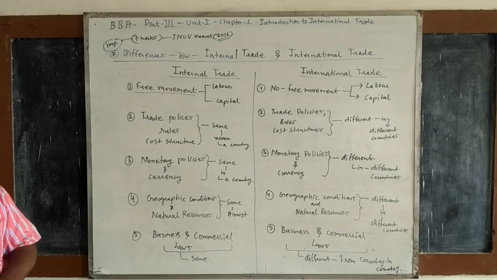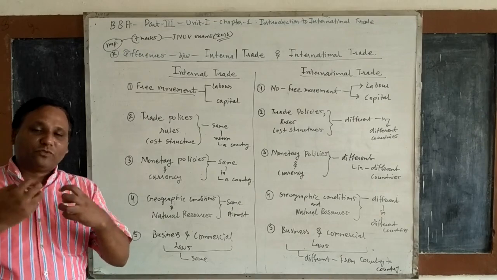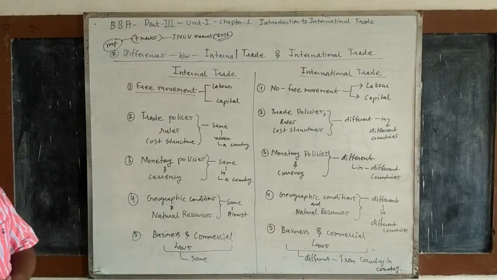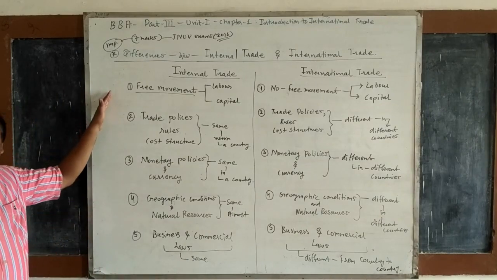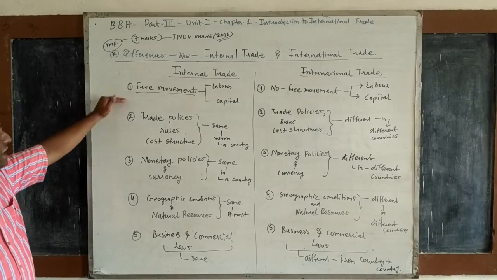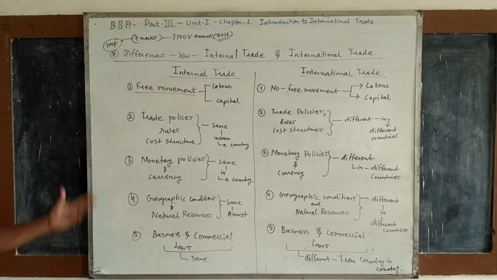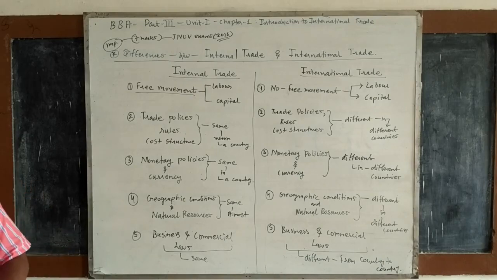Any person working here in India, if he or she wants to go to any other country, has to take permission of the respective government and a particular company, and take a work visa, and then you can do it. So there are restrictions. So the first point is clear. In internal trade, trade within a country, there is free movement of labor and capital, while in international trade, there is no free movement of labor and capital.